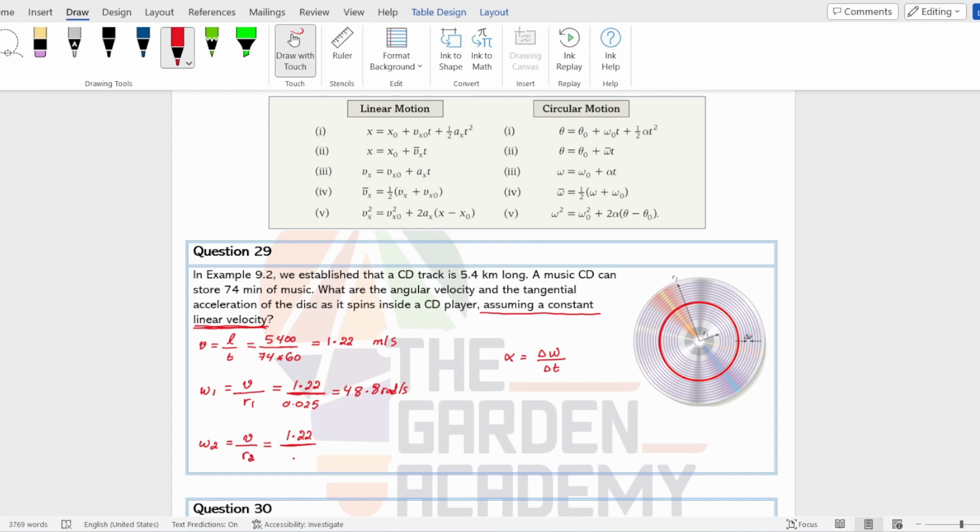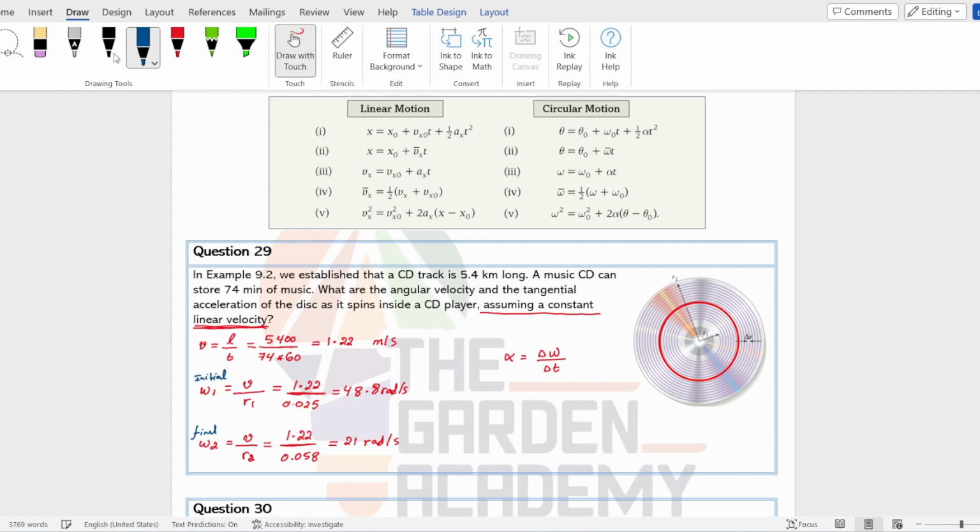It's fine. Divided by the second radius we have, which is 0.58 millimeters. So this is 0.058. Now, if we do the calculation for this, we get 21 radians per second. So we have basically, this is the final angular speed, and this is the initial.